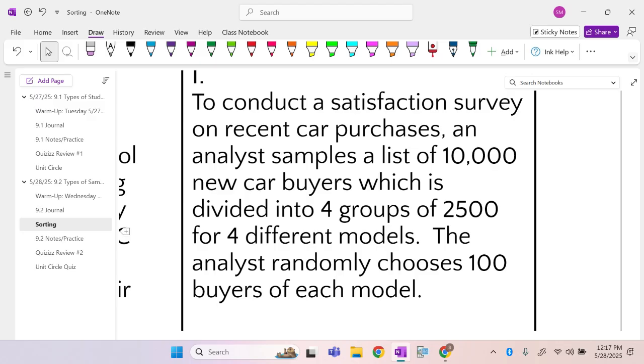Oh, good job. Most of y'all got it. So it was stratified. All right. So if you picked cluster, you were close. Those would be the two that I expected you to pick between.